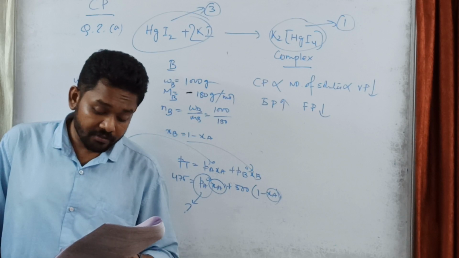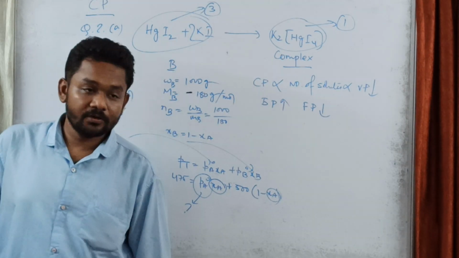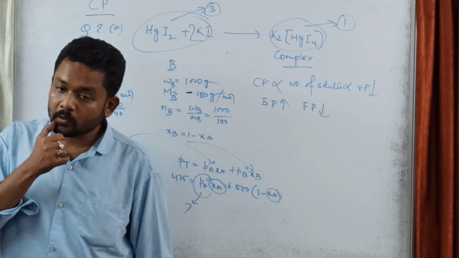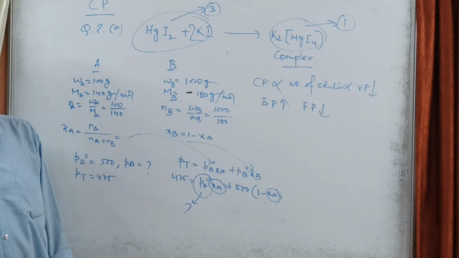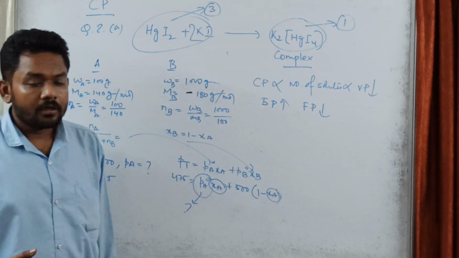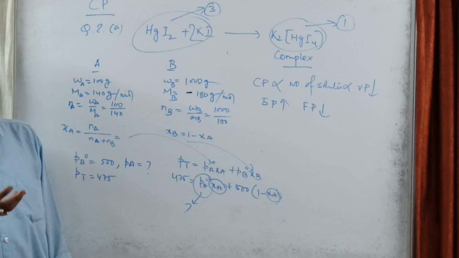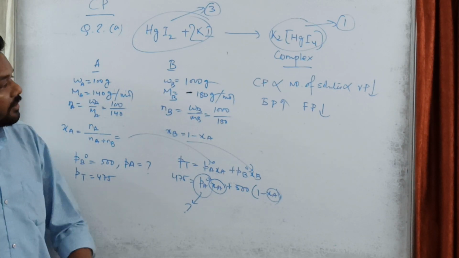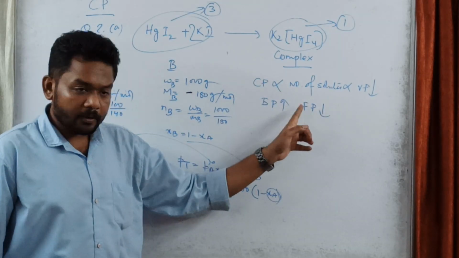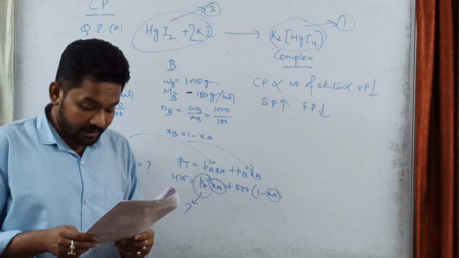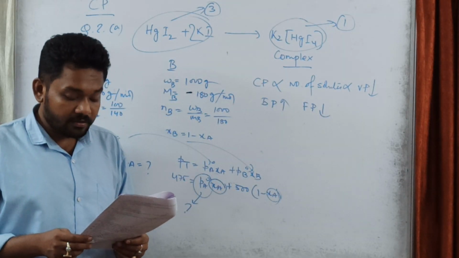Sodium chloride solution freezes at a lower temperature than water. It is very important. Sodium chloride is an electrolyte, so it will dissociate to give more number of ions. So when sodium chloride gives more ions, the number of solutes increases. With the increase in the number of solutes, colligative property also increases, so the freezing point decreases. That is why sodium chloride solution freezes at a lower temperature.